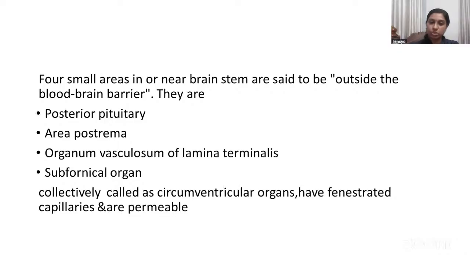They are posterior pituitary, area postrema, organum vasculosum of lamina terminalis, subfornical organ. This you have to learn by heart. Okay, they are collectively called circumventricular organs, and they have fenestrated or leaky capillaries, and they are permeable. That's why they are called outside the blood-brain barrier.